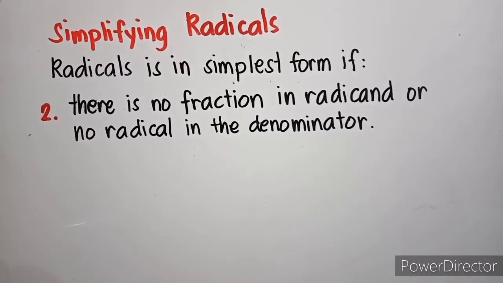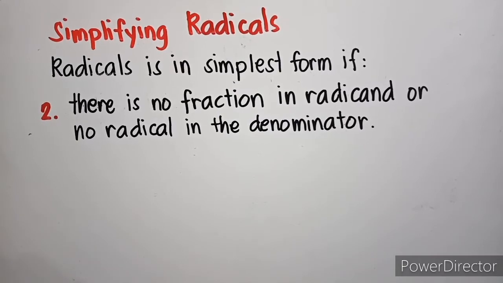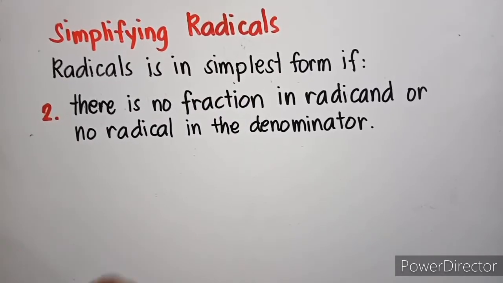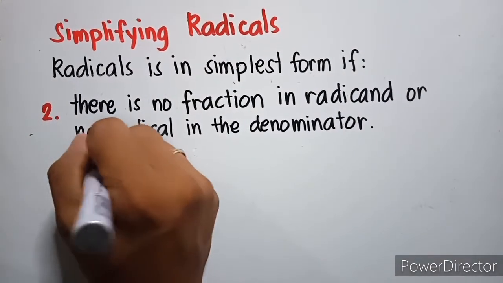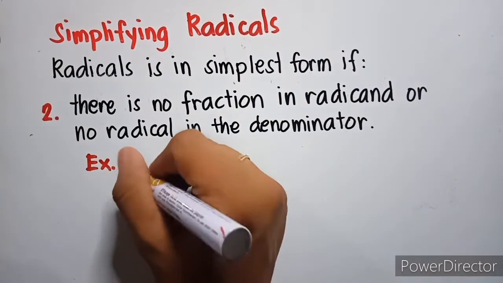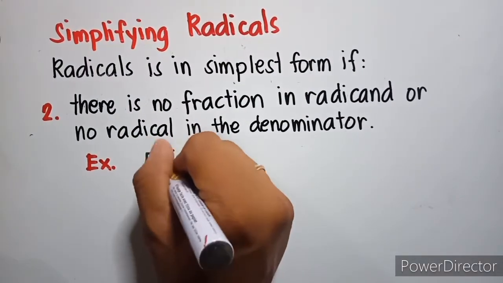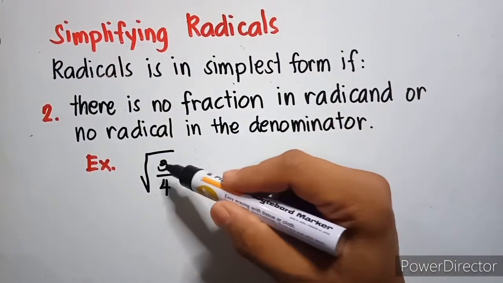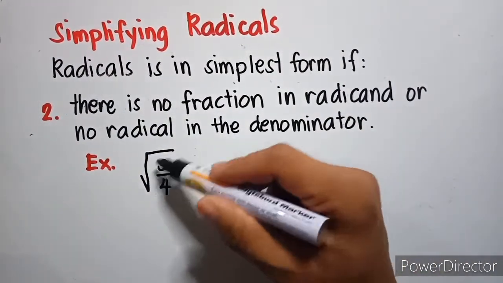Number 2, there is no fraction in the radicand or no radical in the denominator. So, example, if we will have square root of 3/4. So, square root of 3/4, this is a fraction, a radicand fraction.